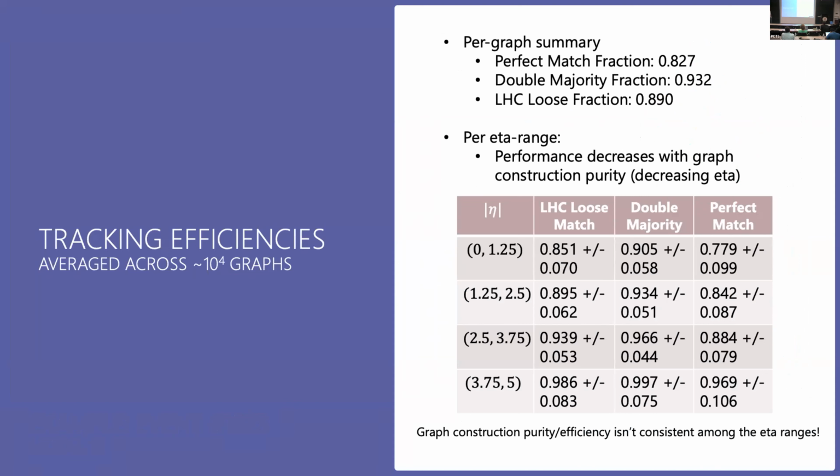Then you can break that down per sector too, which is where the interesting behavior comes in, where you notice that in the higher eta regions, the performance is much better than in the lower eta regions, which I would tie back to the graph construction, which is much less pure when closer to theta 0.